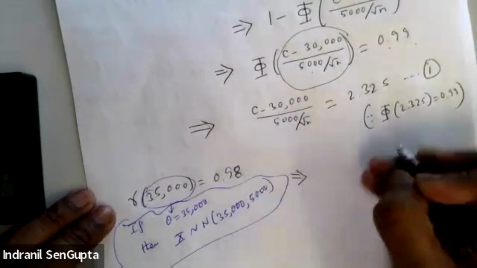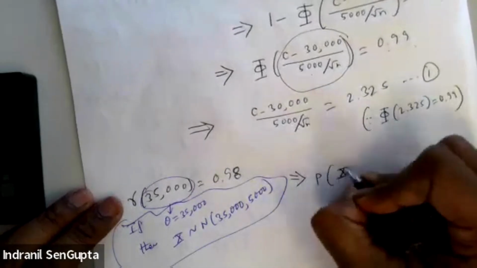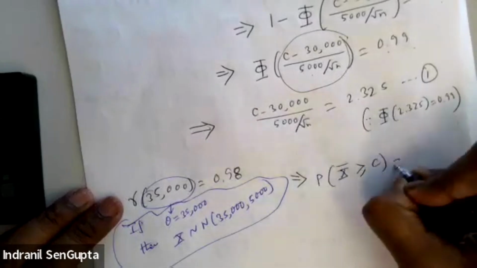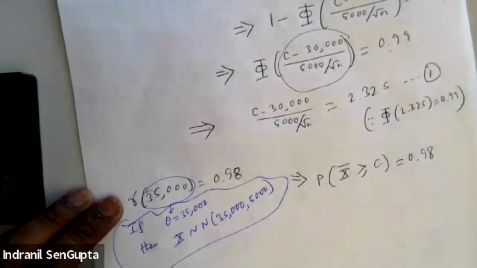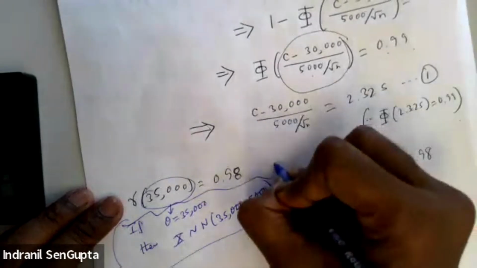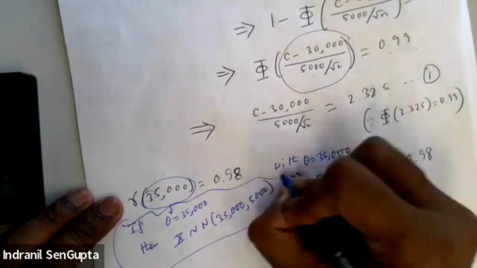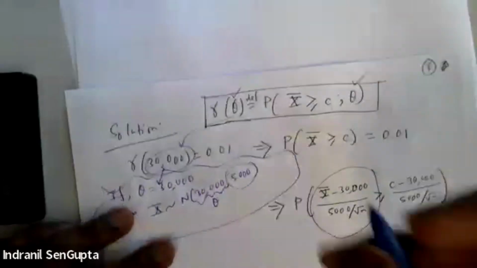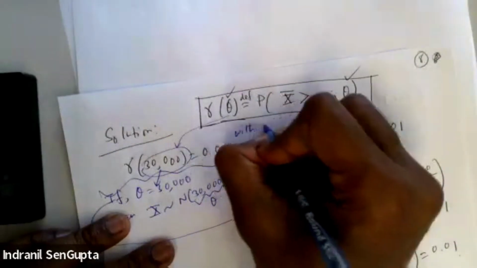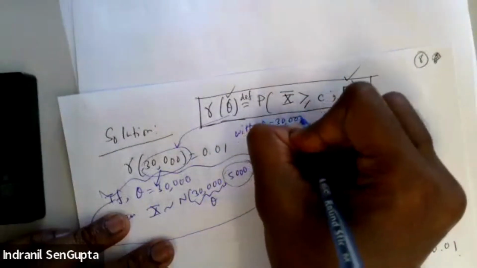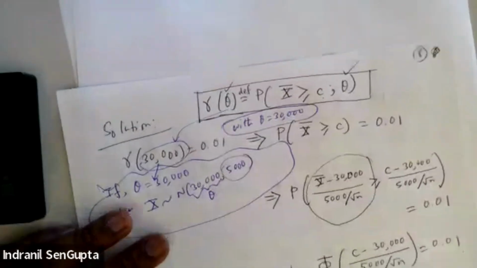So this really means that the probability of x bar being bigger than c is 0.98 under that theta, with theta equal to 35,000.